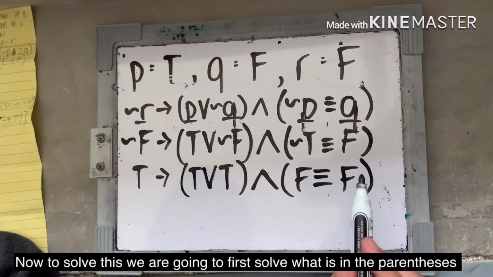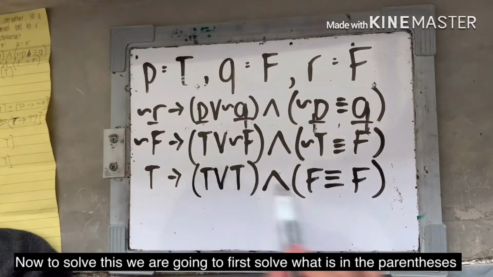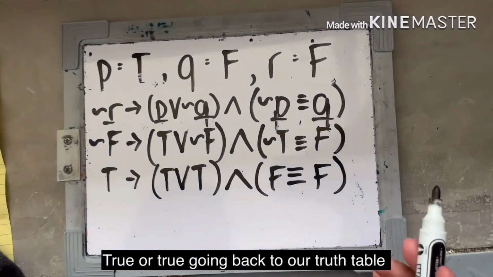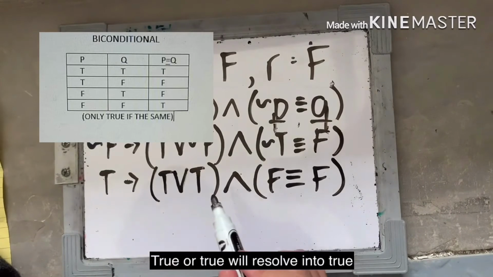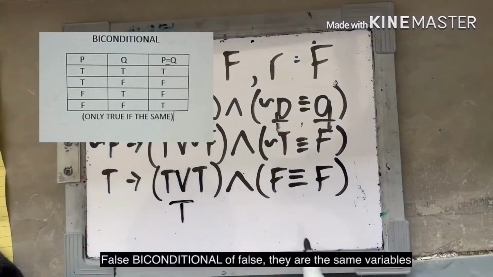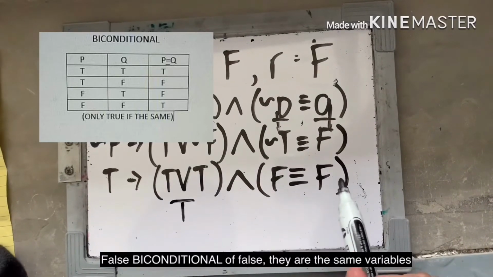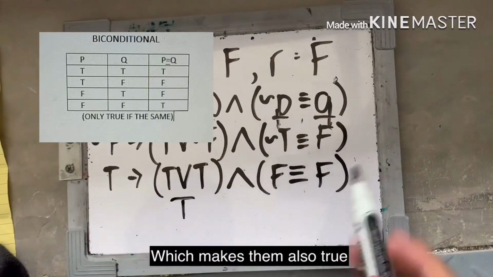Now, to solve this, we are first going to solve what's in the parentheses. True or true, going back to our truth tables, true or true will result in true. False biconditional of false, they are the same variables, which makes them also true.